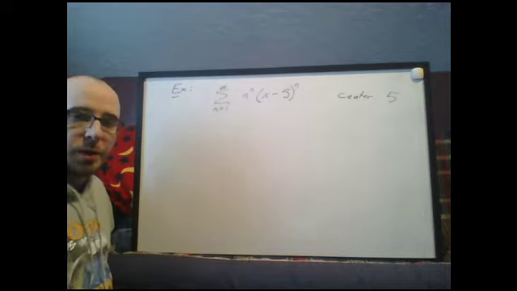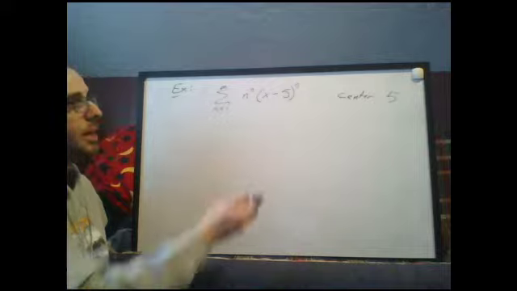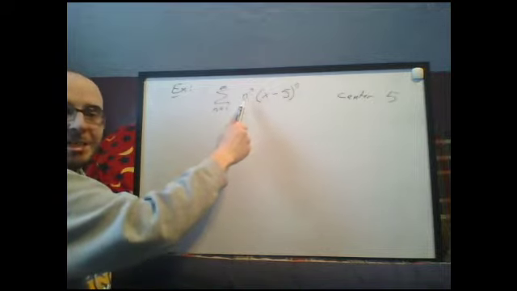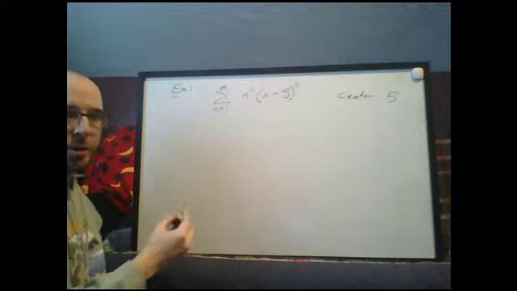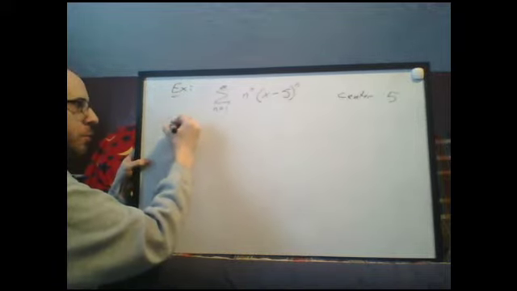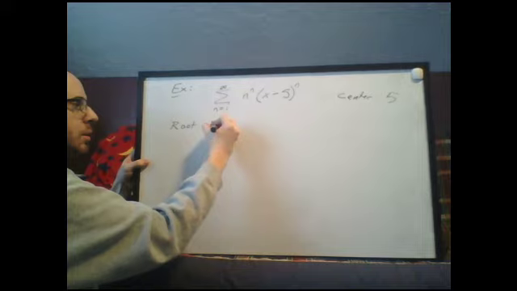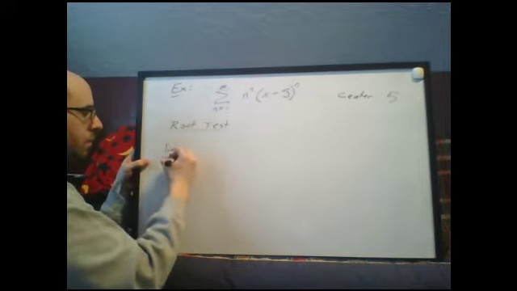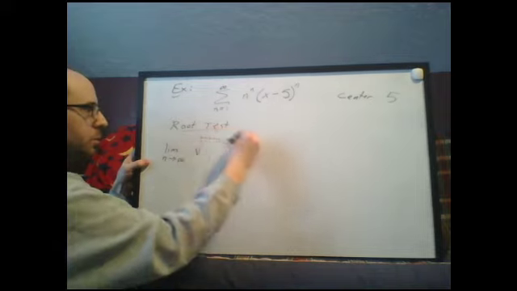All right, so this one, again, we start by picking either the ratio test or the root test. This time, since I have an exponential part where n is both in the base and the exponent, that suggests I probably prefer the root test. So we take the nth root of this thing.